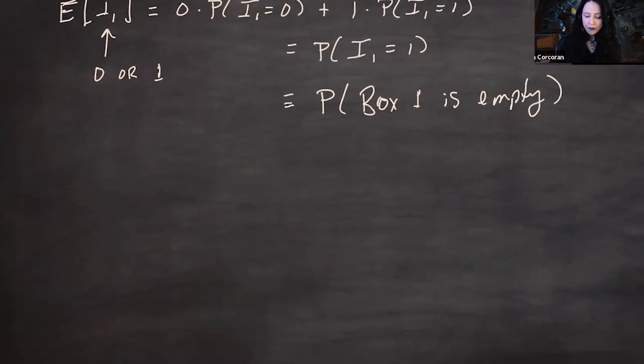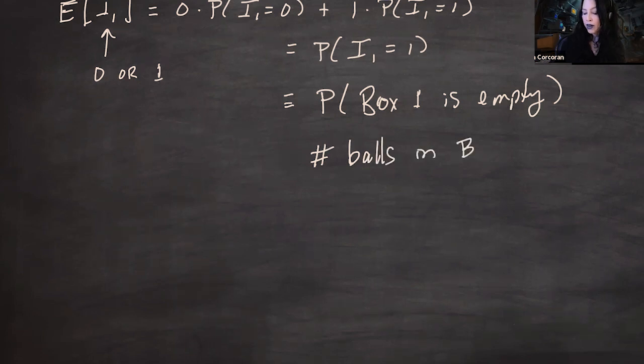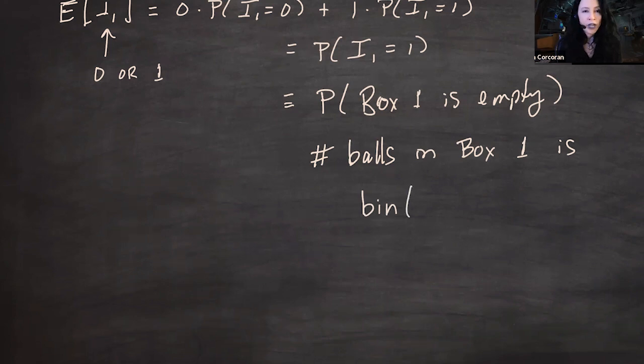So the number of balls in box 1, or any box, is a binomial random variable because that counts the number of successes in n trials of an experiment. So I'll just remind you really quick, it's going to be binomial. We have 4 tries and success probability 1/3.